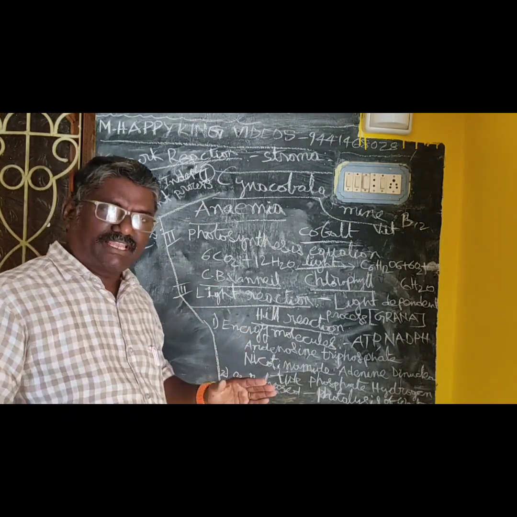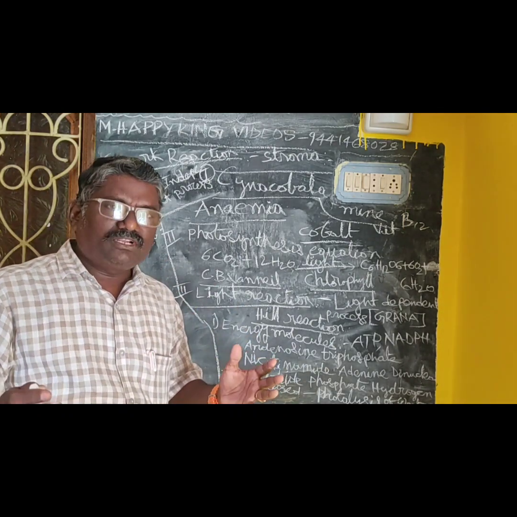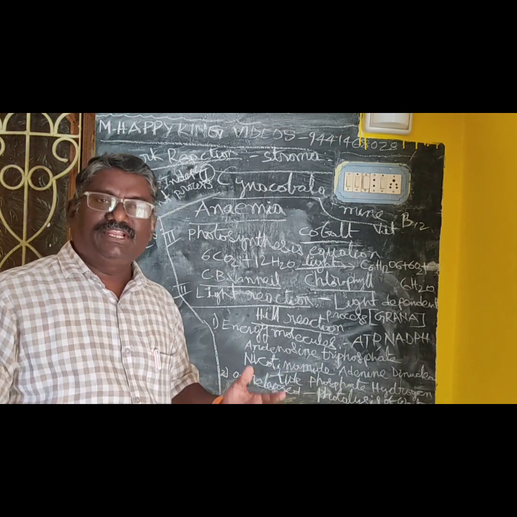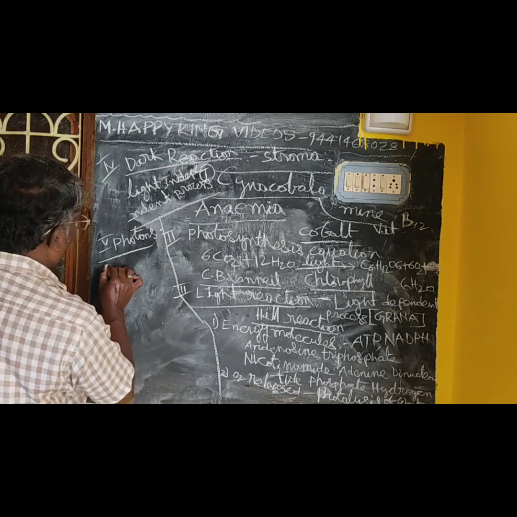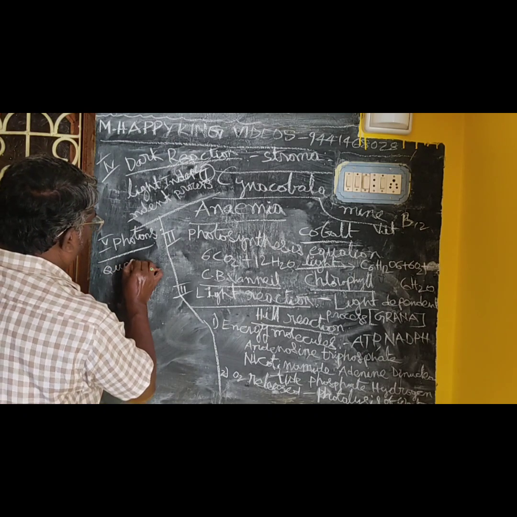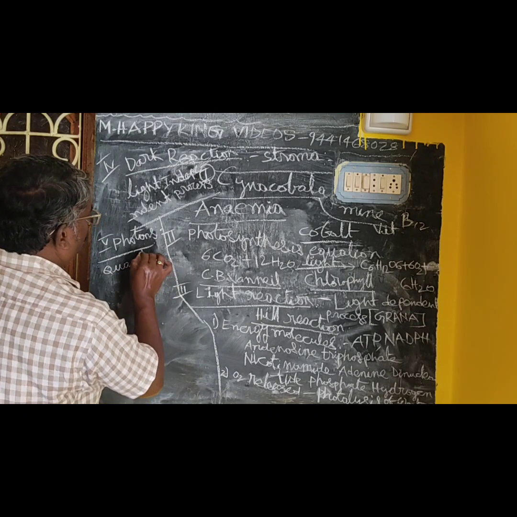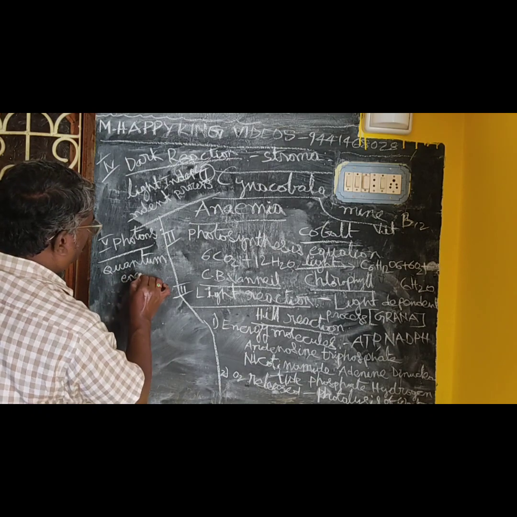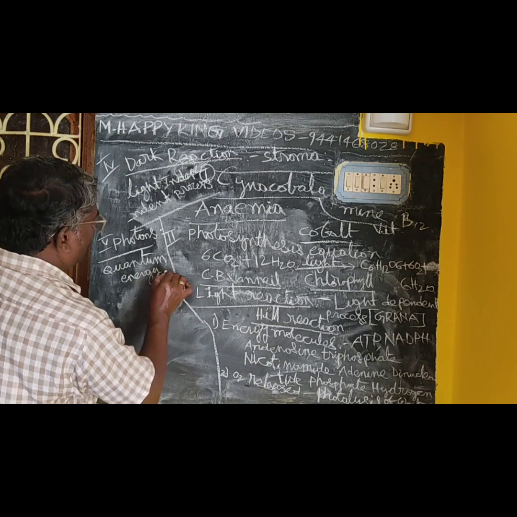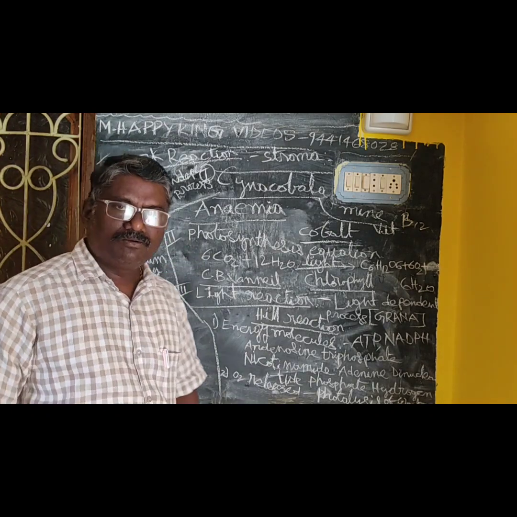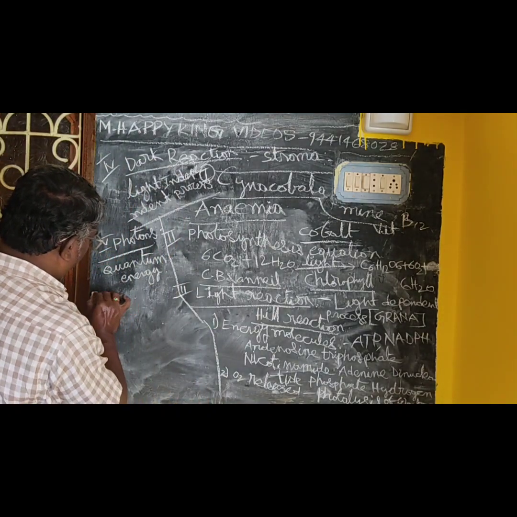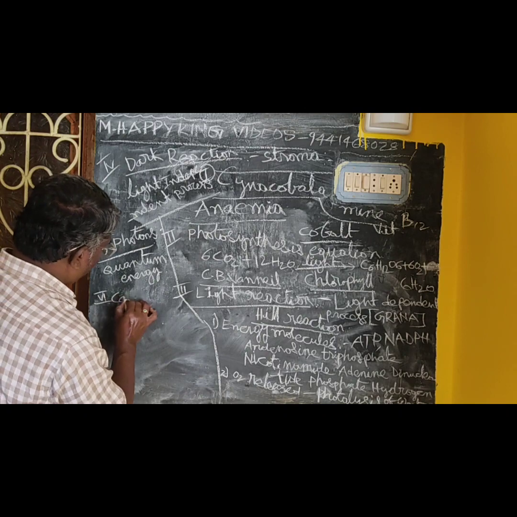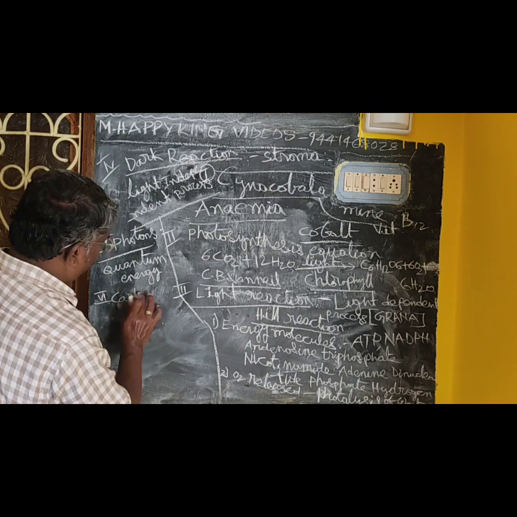Every photon contains its own energy, called quantum energy. The sixth one, carbohydrates.